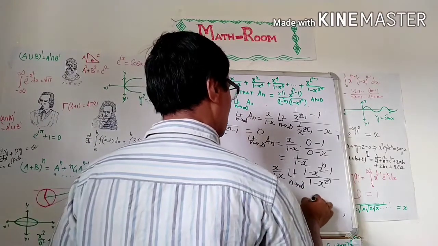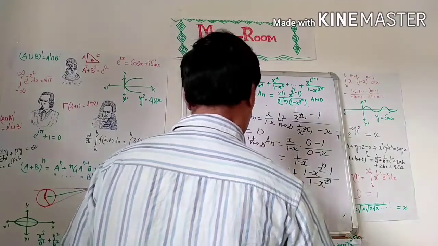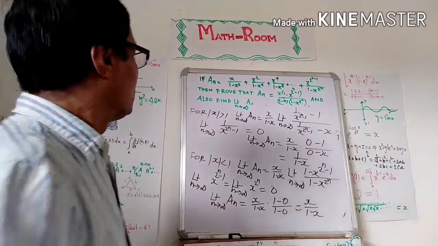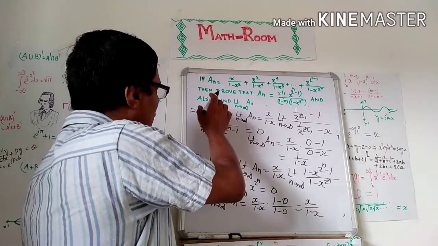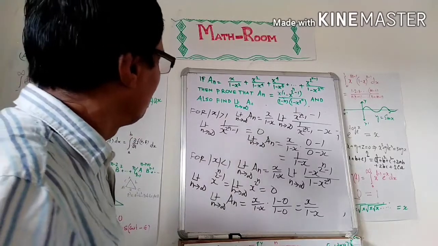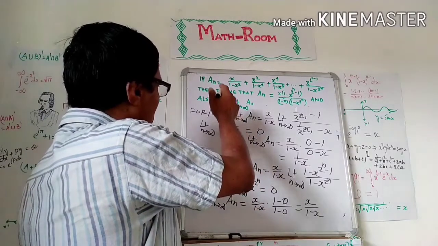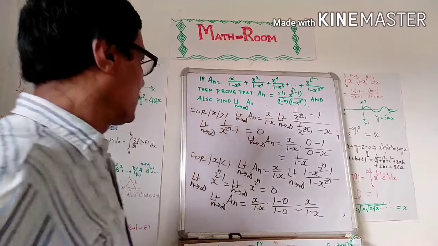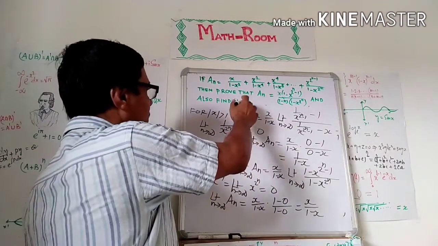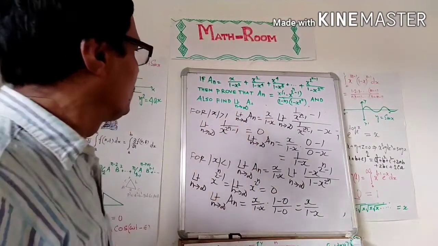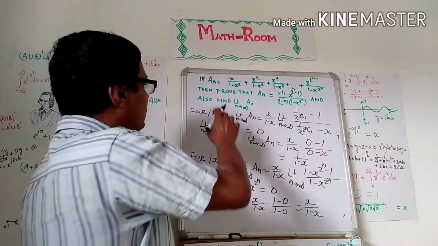That is x over 1 minus x. So there are two limits we have found out for the limit as n tends to infinity. We have got the two values.